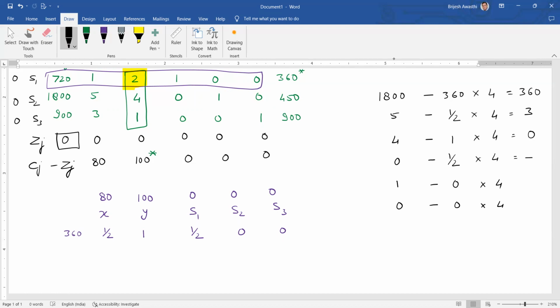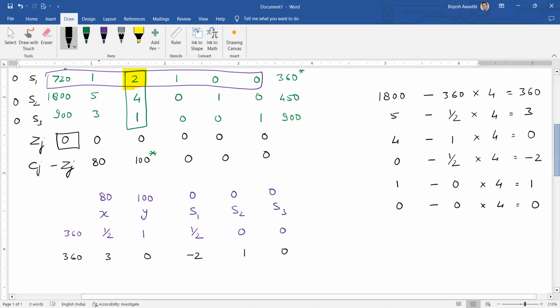Then minus 2, then 1, and then 0. So the new values are 360, 3, 0, minus 2, 1, and 0.